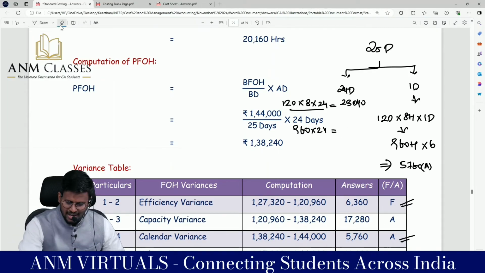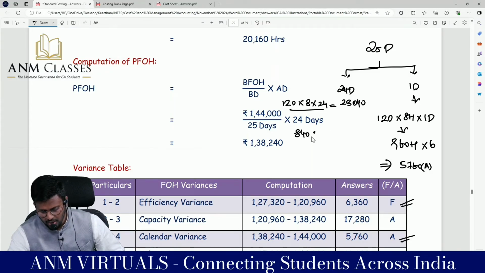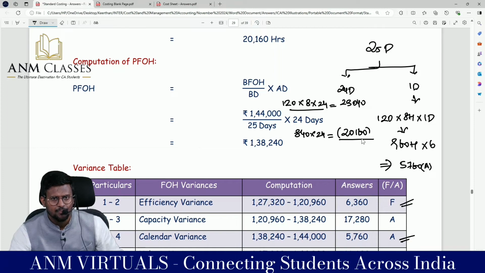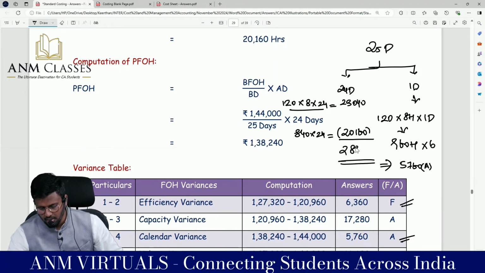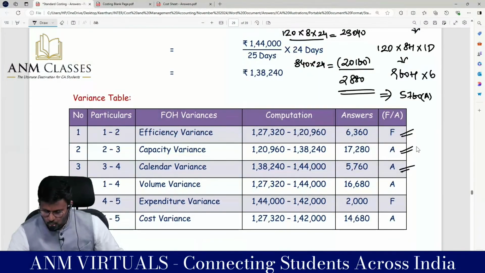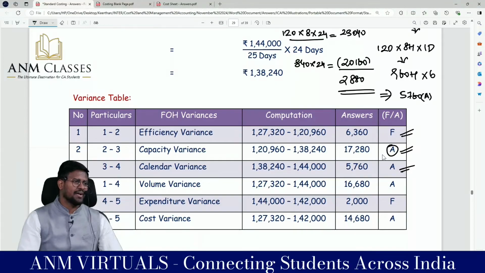Not 960, actual hours, how much? 840. 840 into 24 comes to 20,160 hours. So out of 23,040 you have worked only 20,160. You have underutilized 2,880 hours. 2,880 into 6 is 17,280 adverse, the capacity variance.